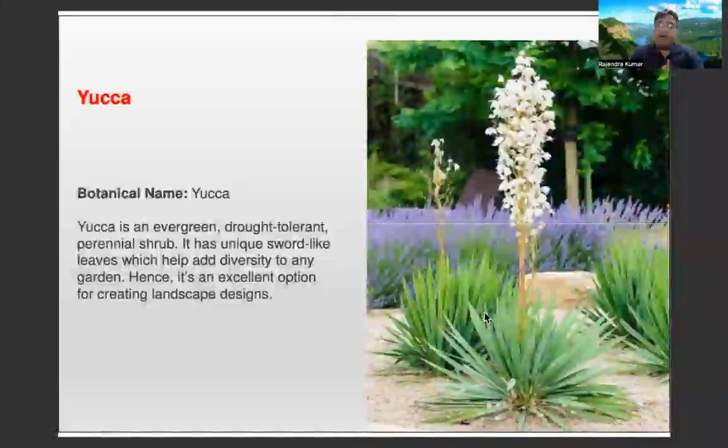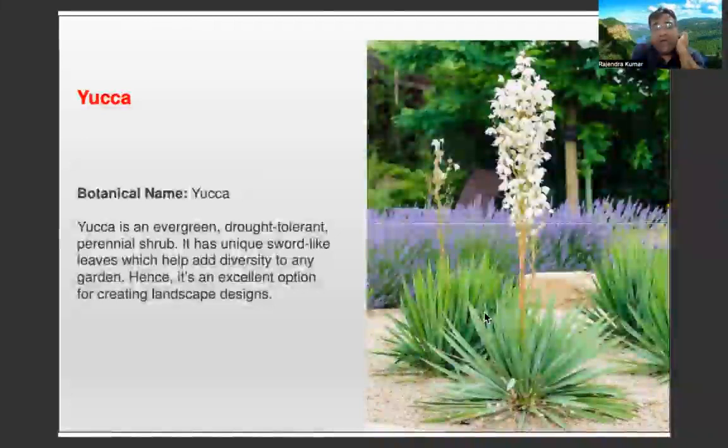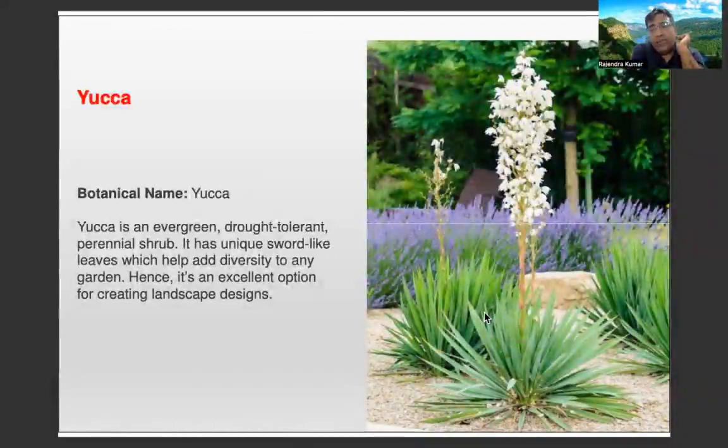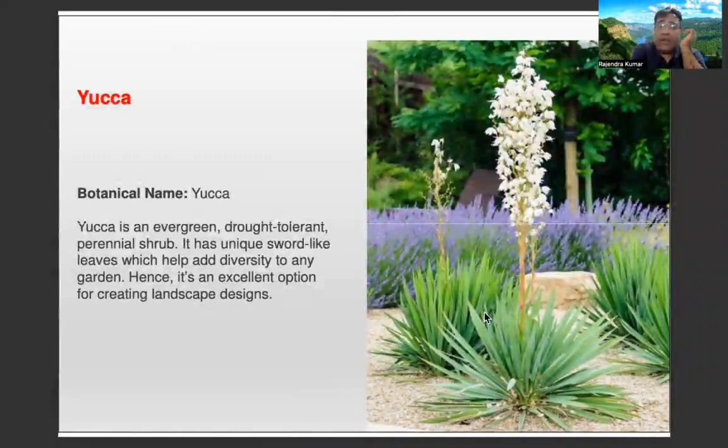Yucca. Yucca is very importantly used both inside and outside, and its botanical name is yucca. It is evergreen, that means it grows anytime in the year. It is drought tolerant, it can resist water, it's a perennial shrub, and it has unique sword-like leaves which add diversity to any garden.